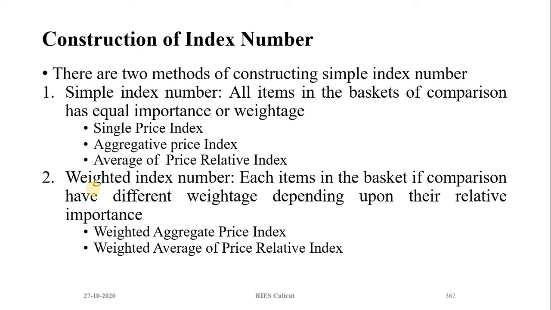The difference is, in a simple index number we are not assigning any weights or taking into account the relative role of the commodity in the basket, whereas in a weighted index number we are considering different weights, or their relative importance in our commodity basket.